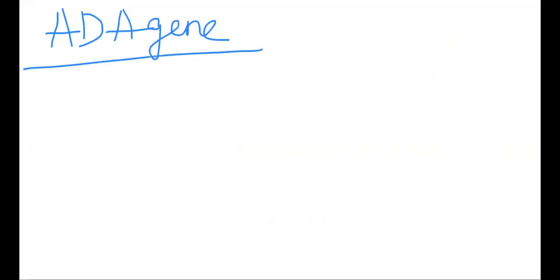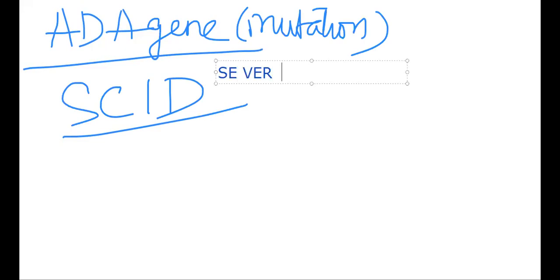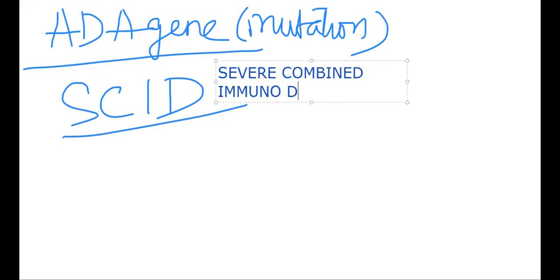A defect or mutation in the ADA gene leads to a disorder called severe combined immunodeficiency syndrome. Let me write it here: severe combined immunodeficiency syndrome. This is very important to remember.